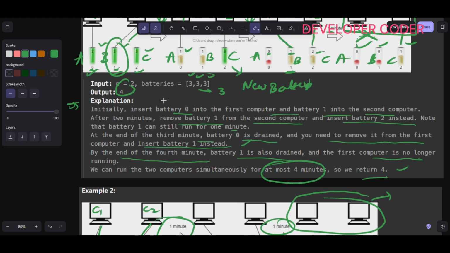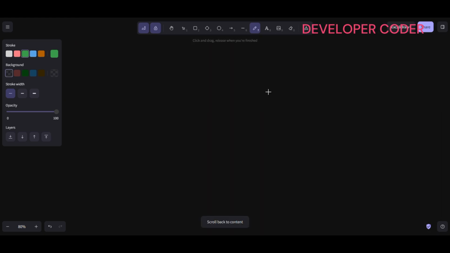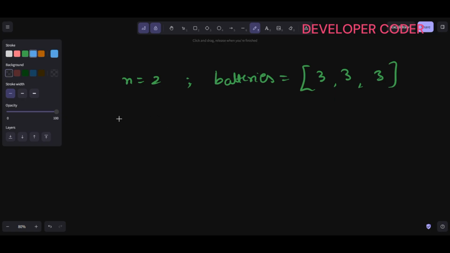Let's take this same example. n is equal to 2 and batteries is equal to 3, 3, 3. Now n is equal to 2 means we have two computers, C1 and C2.